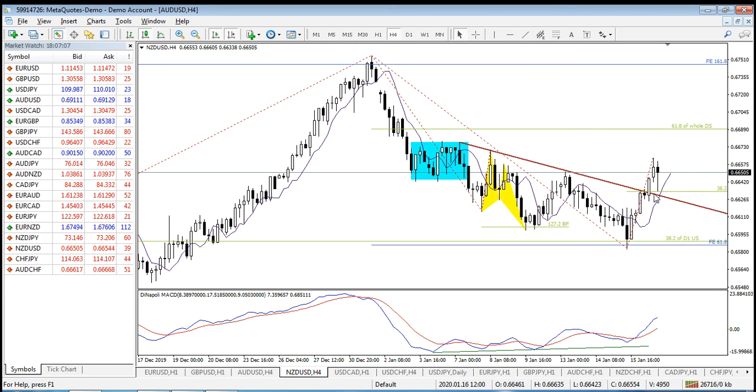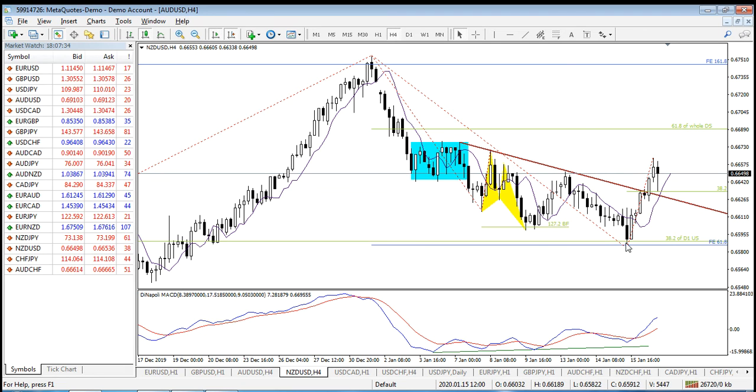After the price went above, it came back below to this breakout point, that was 38.2, and that is when I entered my buy position. The buy position in NZD CHF has been entered around 0.6398, and we'll exit this position in the same style as I discussed for AUD CHF.